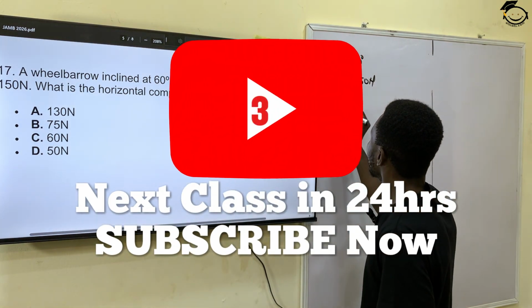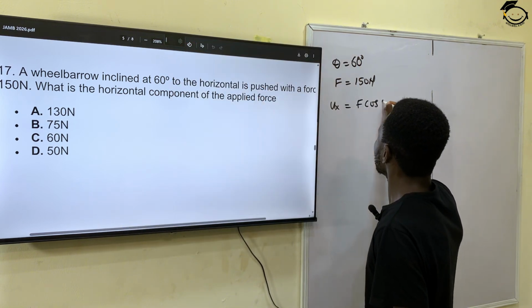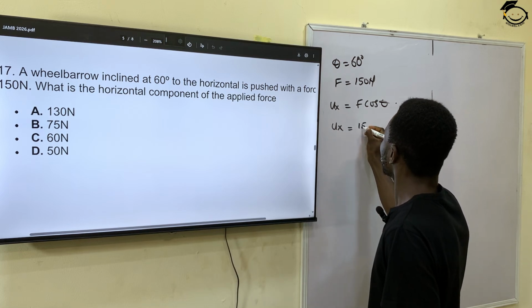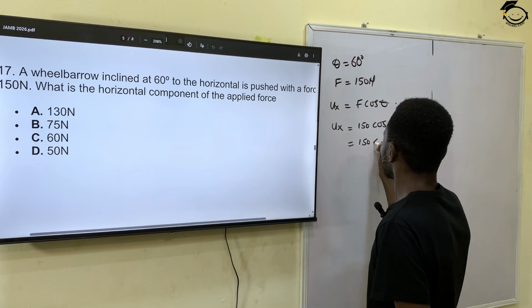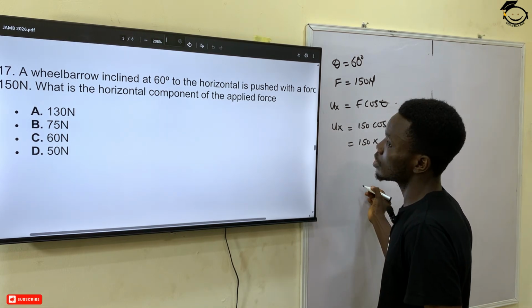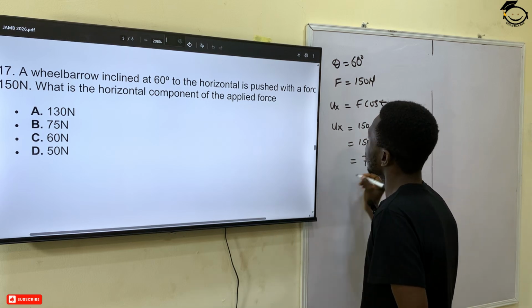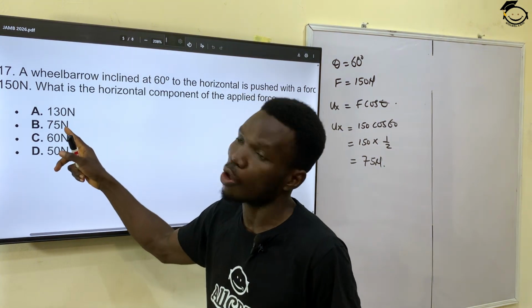The horizontal component we do not know. Horizontal component is F cos theta. So it means that my horizontal component here is going to give me 150 cos 60. And this will give me 150 times 1 over 2 because cos 60 is 1 over 2. That will give me 75 Newton. So my horizontal component here is 75 Newton, and that is option D.